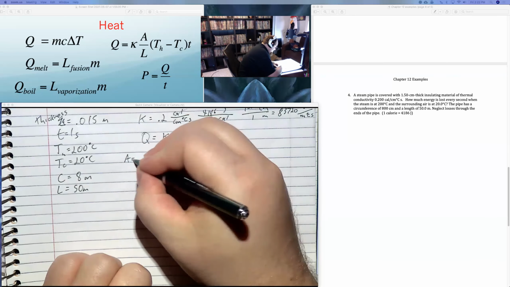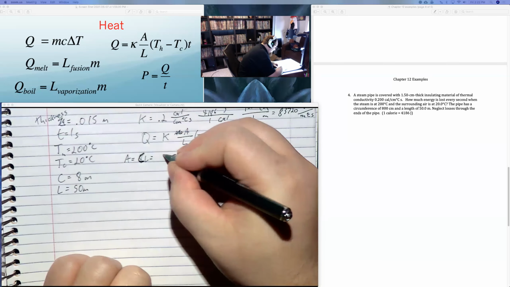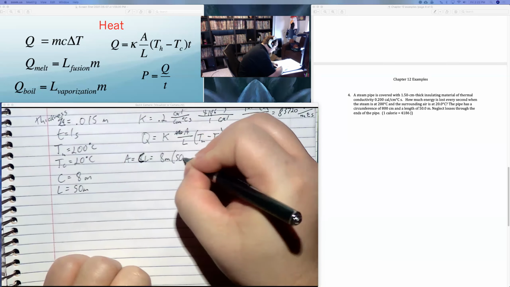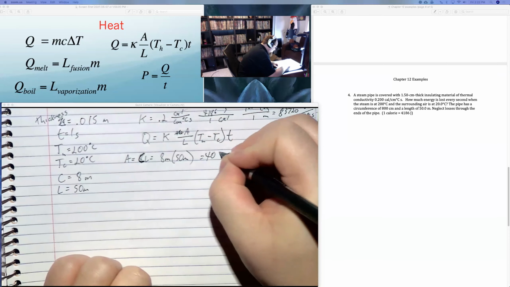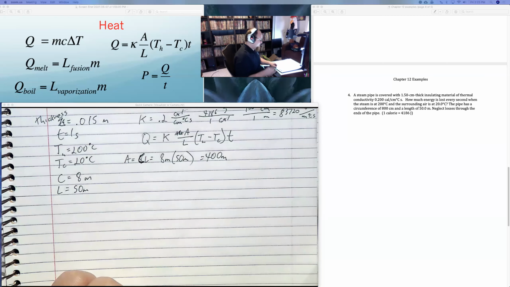My area will be circumference times length, or 8 meters times 50 meters, which is 400 meters squared.